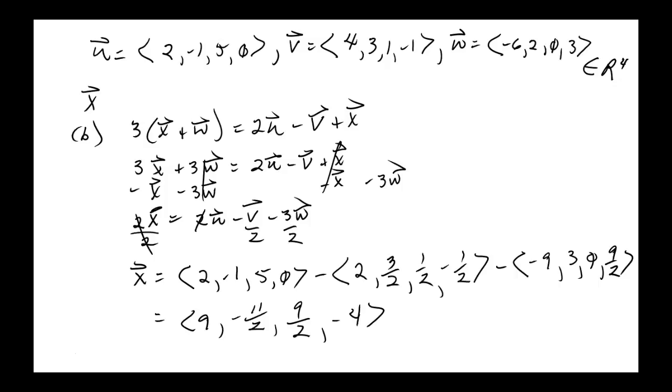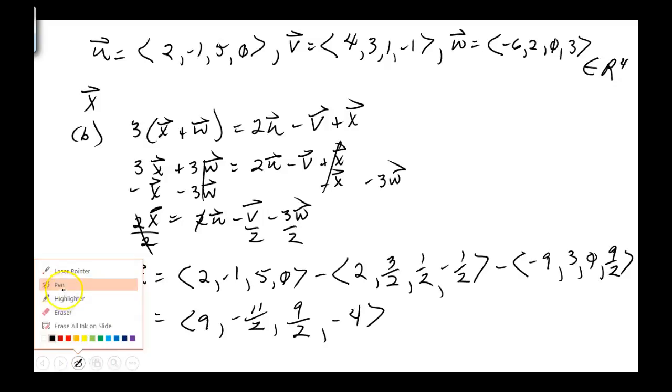The following theorem summarizes several important properties of the additive identity and additive inverse in Rn. We haven't quite done these exactly, but we've talked about them anyway. So let v be an element in Rn, and c a scalar.